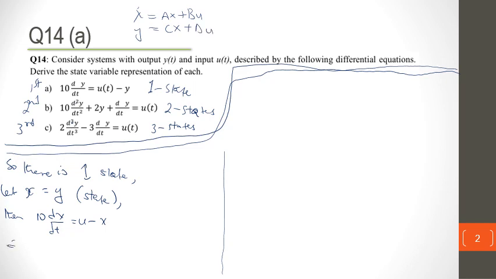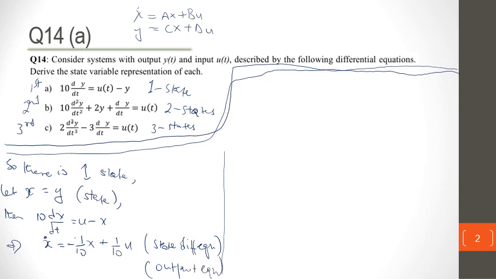This means that we have x dot being equal to minus 1 over 10 x plus 1 over 10 u. That's the state differential equation.